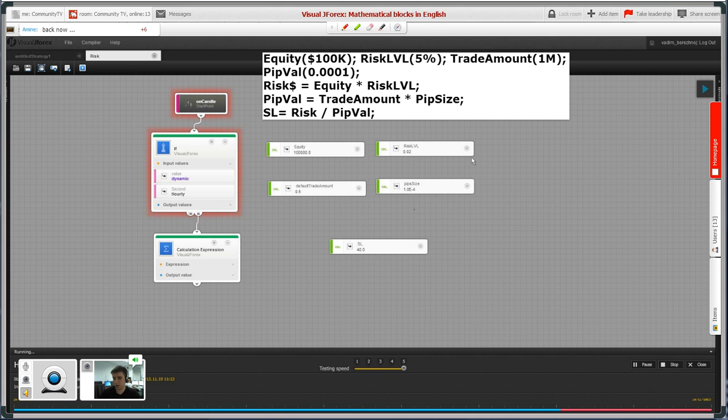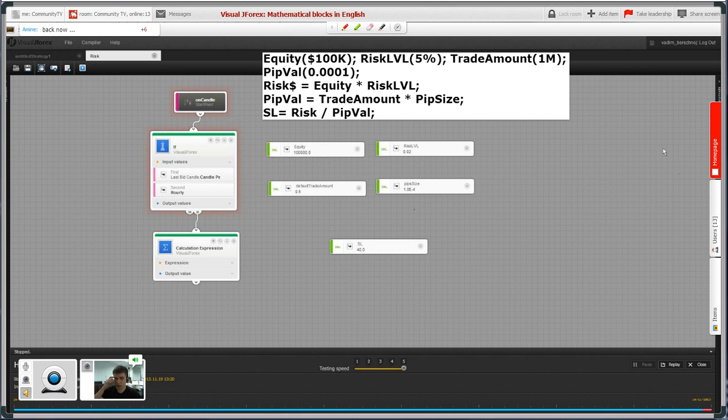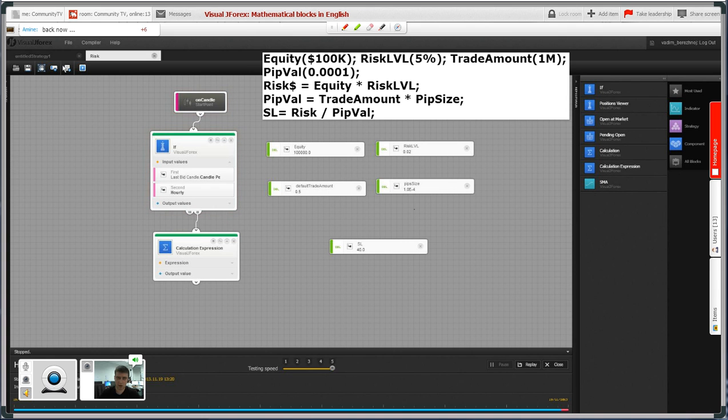Where we can use it, and let's talk about special variables that are integer and double. Where we can use this level, stop loss level. First, we can open position.